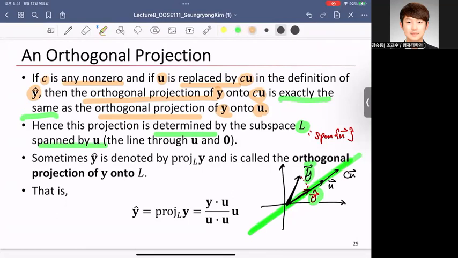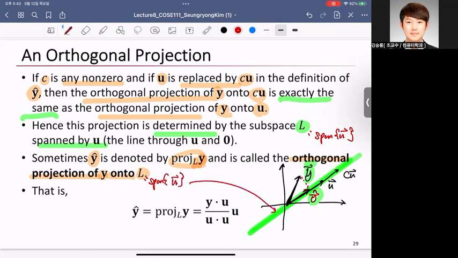Sometimes y hat is denoted by projection L of y, and this is called orthogonal projection of y onto L, where L is span of u.